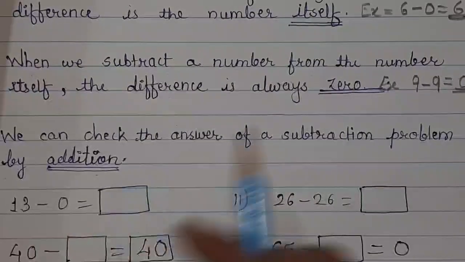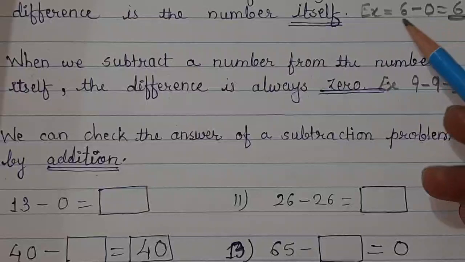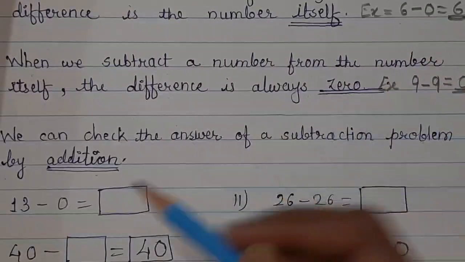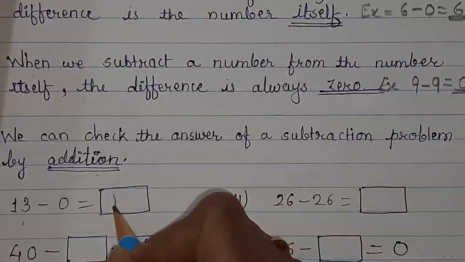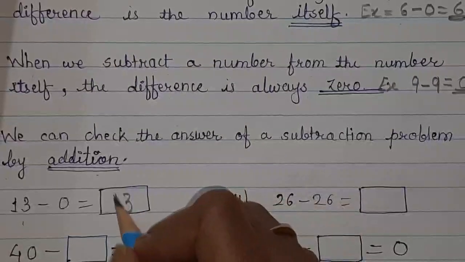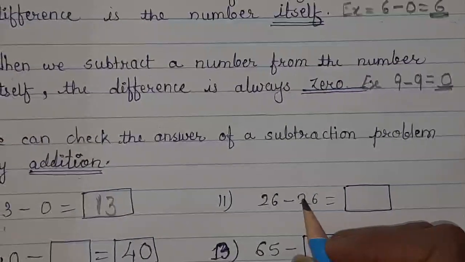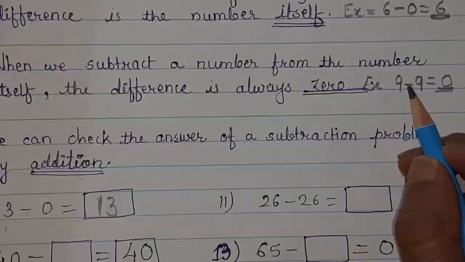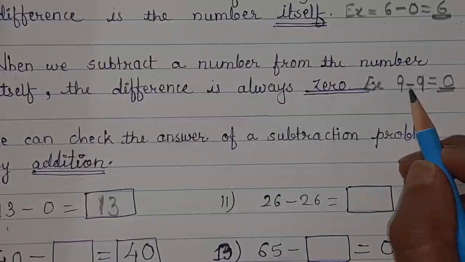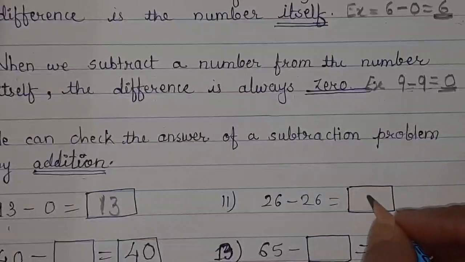So when we are subtracting 0 from any number, we are getting the number itself. So 13 will come as it is. Next one, 11th, 26 minus 26. So any number minus the number itself. So we are getting the answer 0.